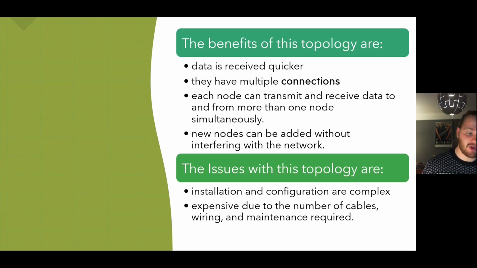The issues of this topology are that installation and configuration are complex and extensive due to the number of cables, wiring, and maintenance required. Though this expense can be lessened, as we said, if you were to use wireless, which I would highly recommend.